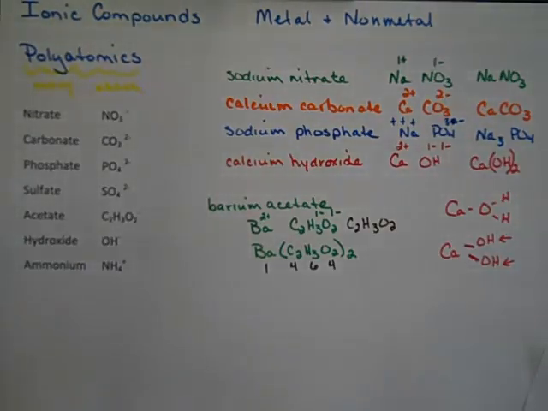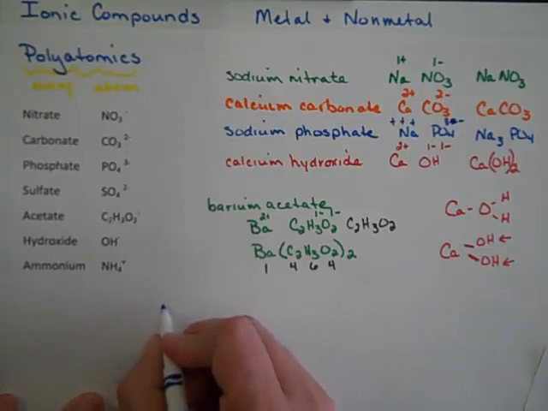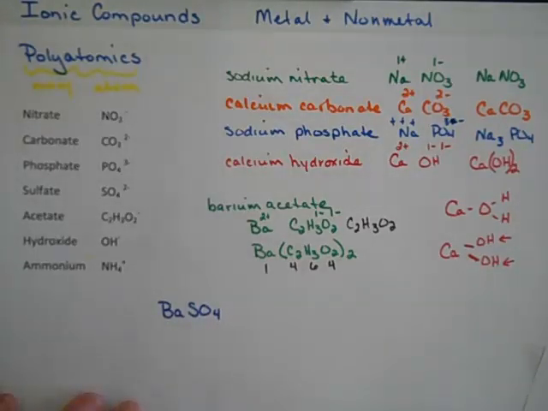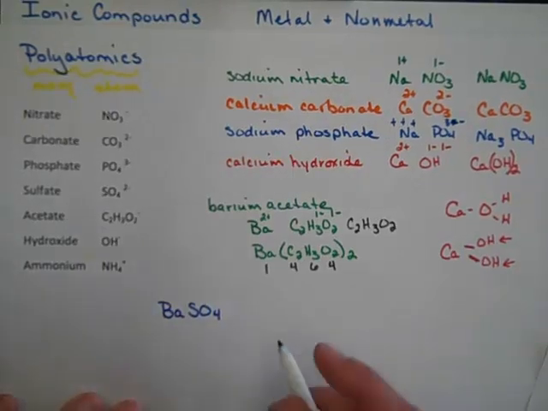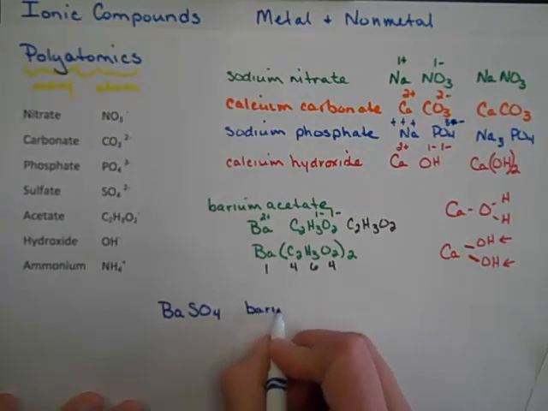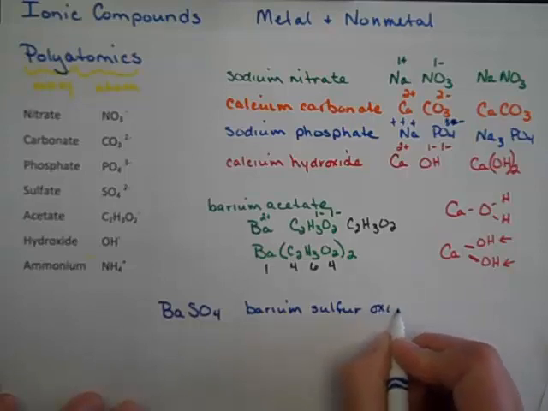All right, now what if we want to name them? What if we have, let's see. If you come across something like this, and you're given this particular compound, here is what is incorrect. Here's what I get a lot, and it is not correct. We will write down barium, sulfur, oxide.